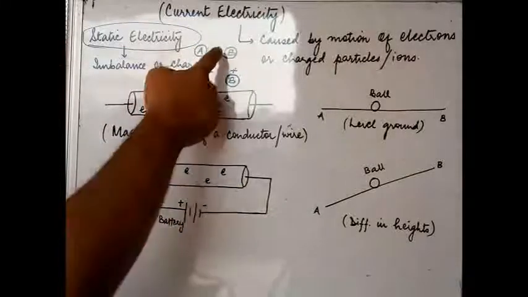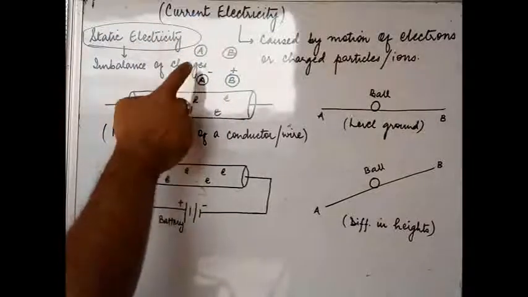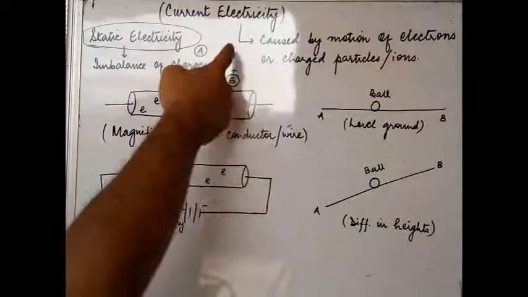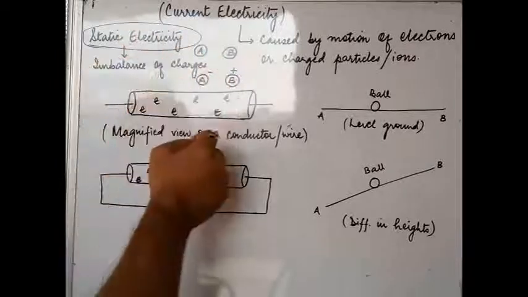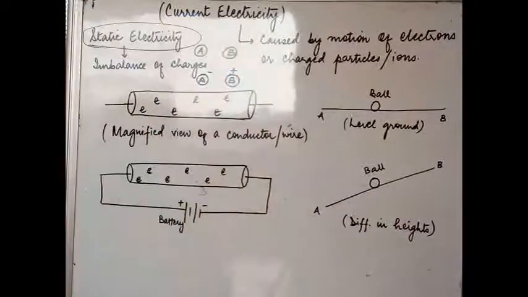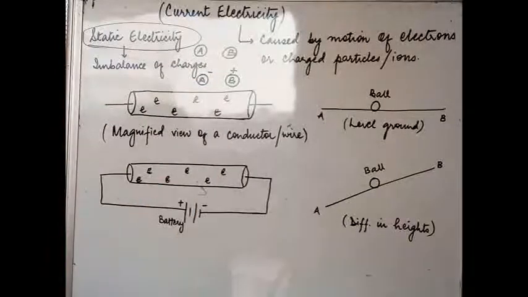Therefore A has extra electrons, that is why the negative charge. Since electrons have moved out of body B, body B now has a shortage of electrons, which makes it a positively charged body. This transfer of electrons from one body to another is called the imbalance of charges, and this is what resulted in static electricity.